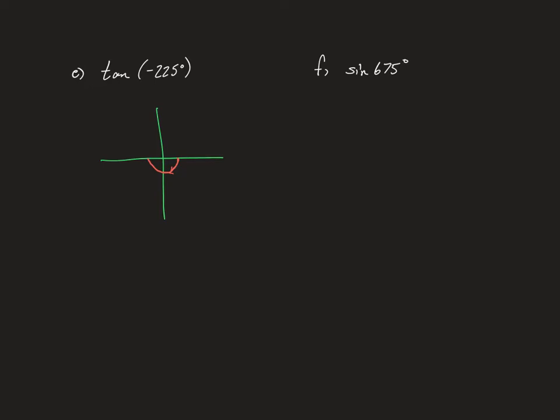And so for me to then go and continue to 225, that might be my terminal arm. I should then be able to figure out that my related acute angle is 45 degrees. And remember, all related acute angles are always positive.